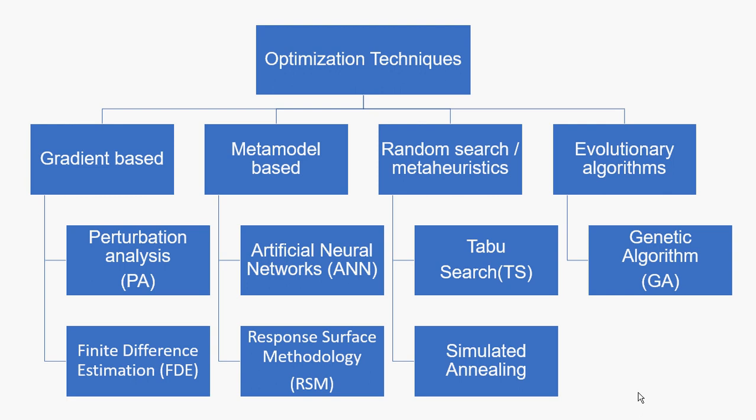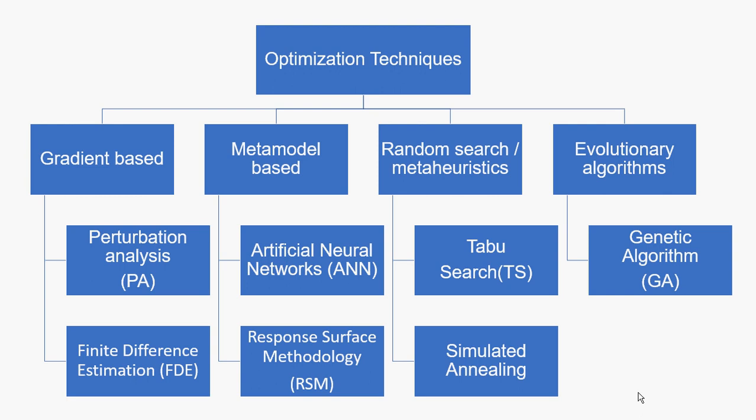So, coming to different optimization techniques, broadly they can be classified into gradient based techniques, meta model based techniques, random search or meta heuristic techniques, and evolutionary algorithms. Under gradient based techniques, you have perturbation analysis and finite difference estimation techniques.